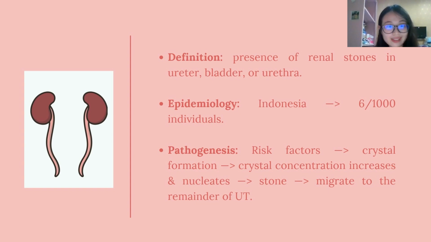These risk factors lead to crystal formation. Then, a renal stone is formed when the crystal concentration increases and nucleates inside the renal parenchyma, driven by urine supersaturation. These aggregates may then migrate out of the kidney into the urinary tract.